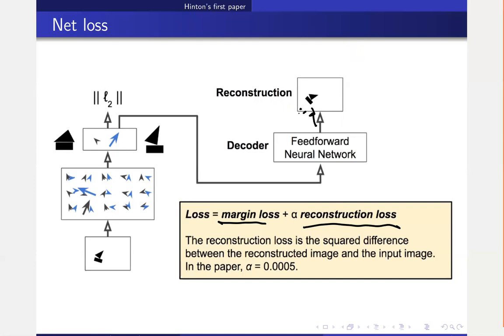Then compare this reconstruction with the original to see if they are close to one another. During training, we try to minimize this net loss, which is the margin loss added with alpha times the reconstruction loss, and this alpha in the paper is a pretty small value, 0.0005.